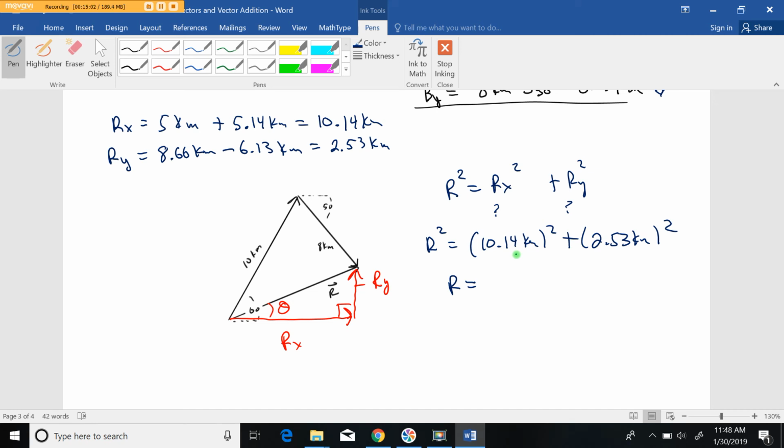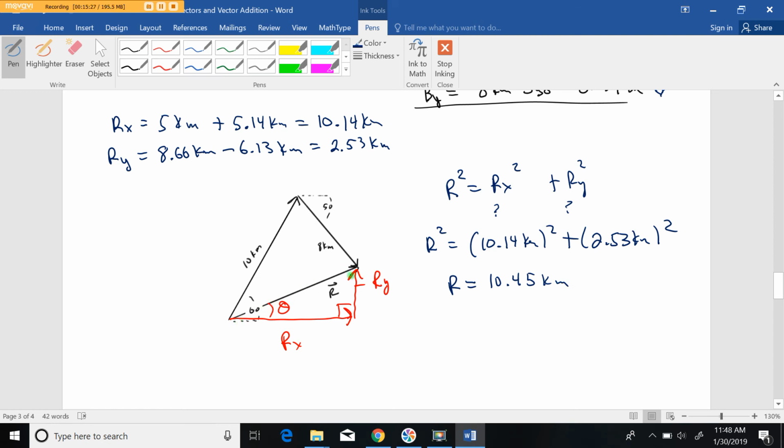I'm dealing with a phone calculator here. Okay, almost there. Okay, I got 10.45 out of this. Looks about right. All right, so what we have now is the magnitude of the resultant.